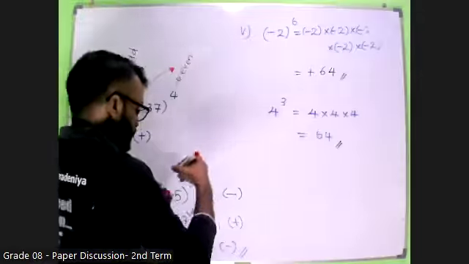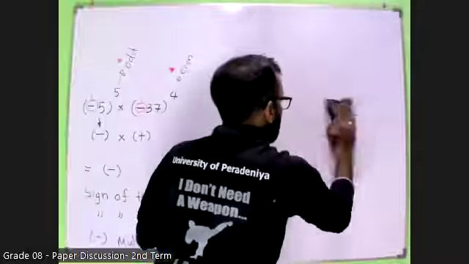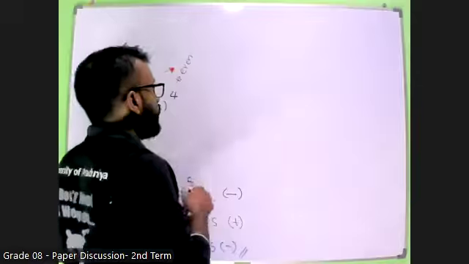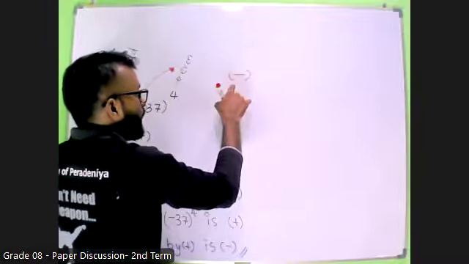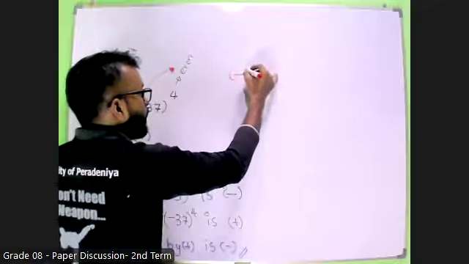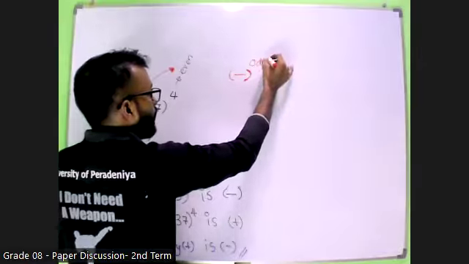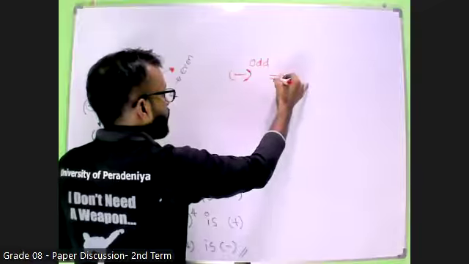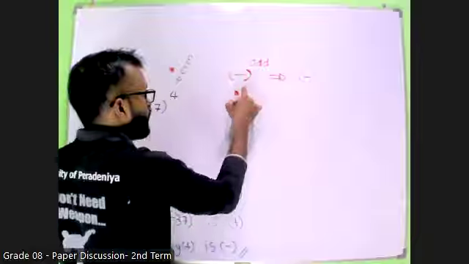You can have a short note, if you want. If you have a negative number and the power is odd, the final sign will be negative, right?